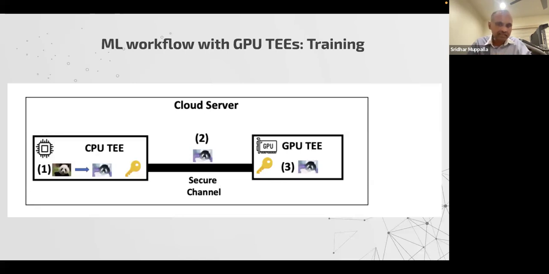NVIDIA has come up with vGPUs as well as MIG. Through MIG, a multi-tenant feature can be implemented where they can physically dissect a GPU into multiple hardware chunks, and each chunk can be assigned to one tenant.